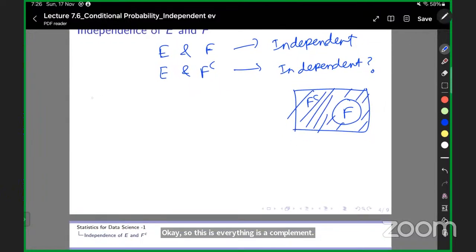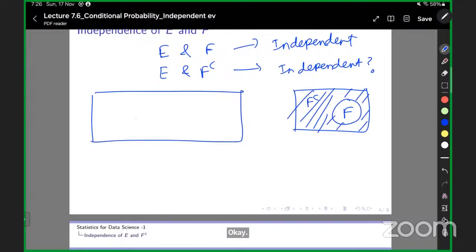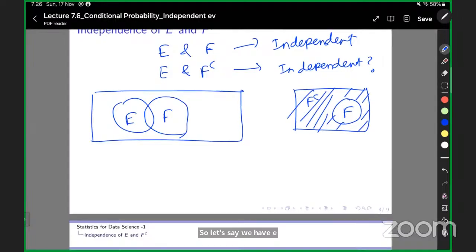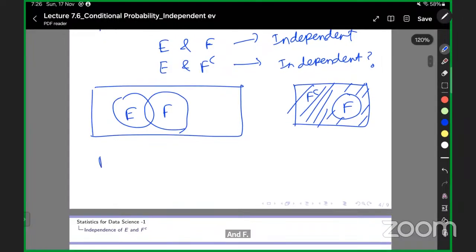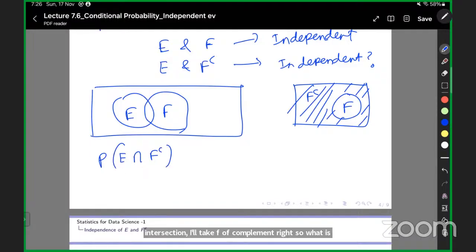Let's say we have E and F. Now the question is, what is common between E and F complement, E intersection F complement, right?